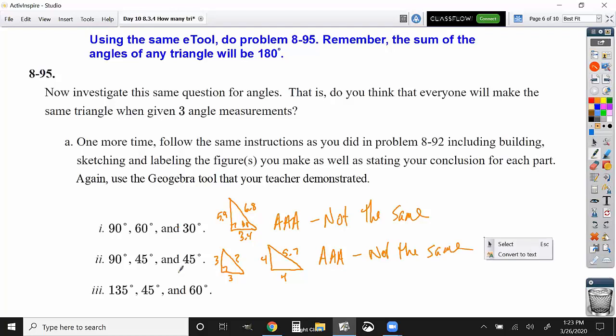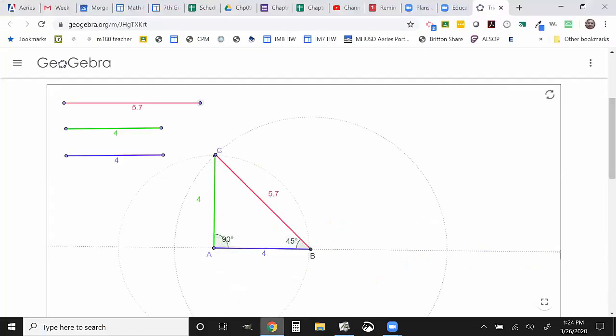And the last one, 135, 45, and 60. I don't know if you can already see it, but 135-degree angle, 45, and 60. So let's call this one 60. That'll be close enough for right now. And 135, can you see right now that this is not going to form a triangle at all?